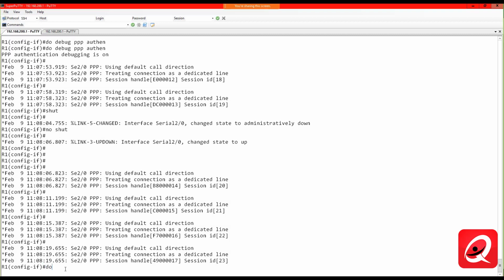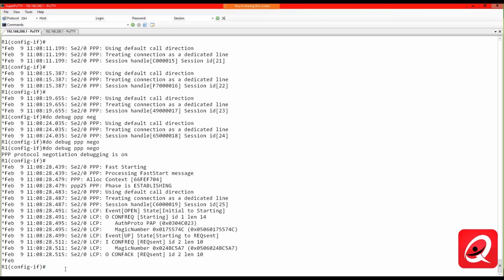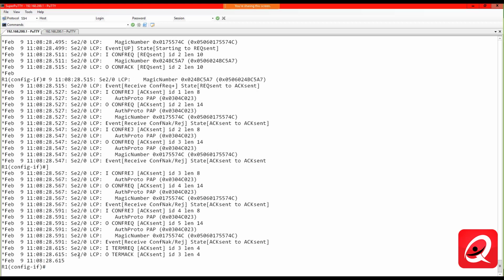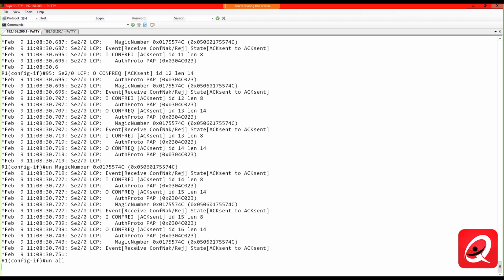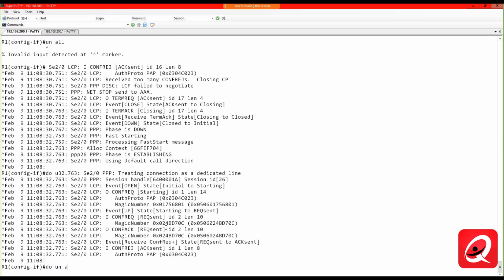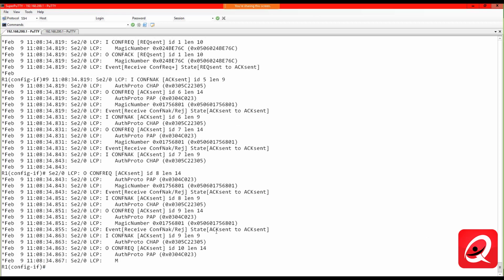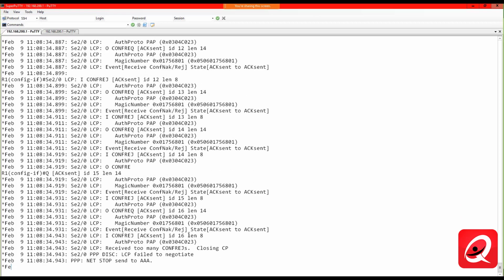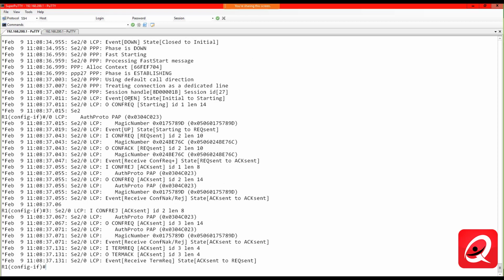Let's do a debug PPP negotiation as well. Let's do debug all. You can already see the messages here indicating that PPP authentication is supposed to be used, right? As soon as that stops capturing the debug, all right, we're seeing the termination.